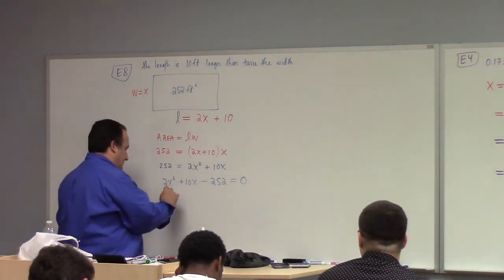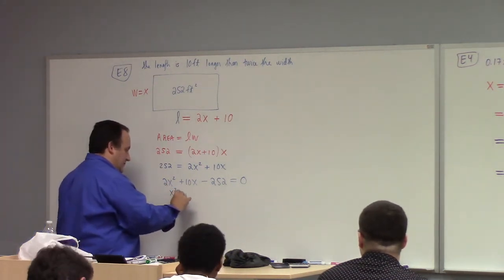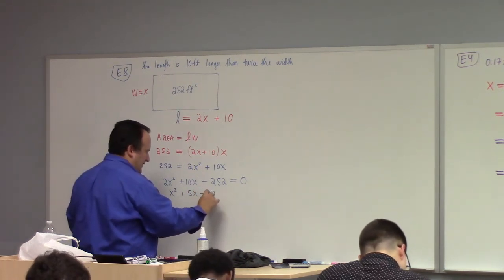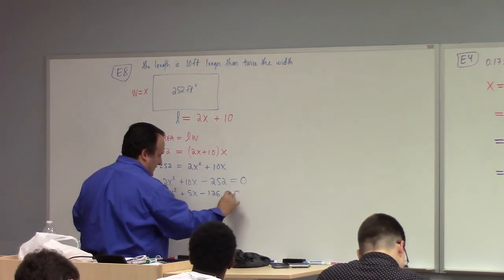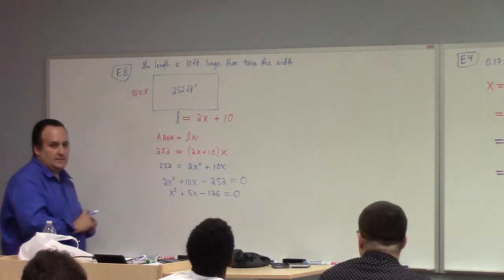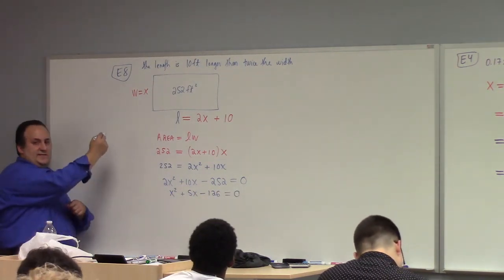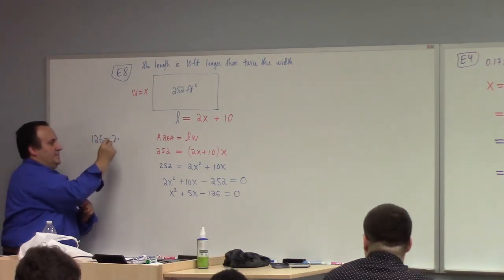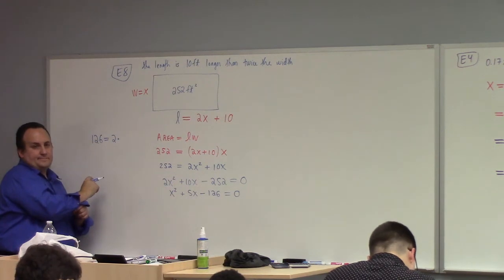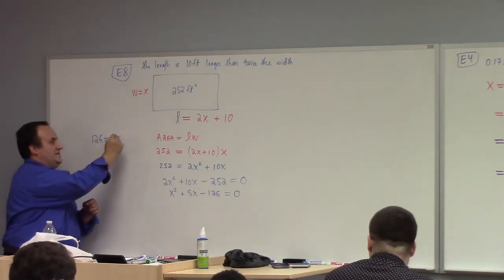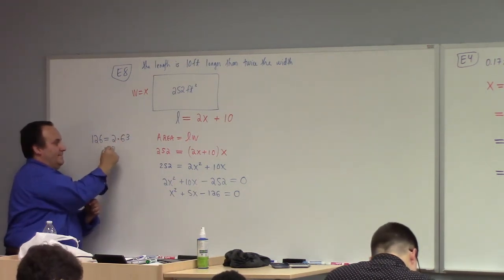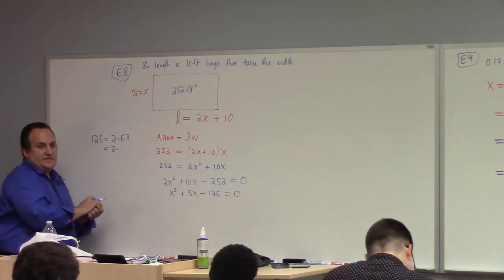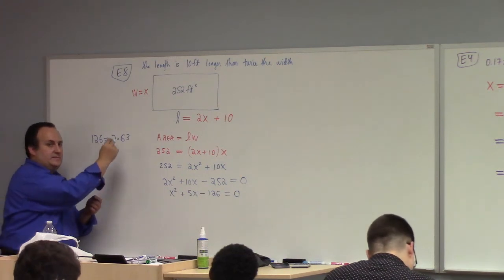We've got x squared plus 5x minus 126 equals 0, right? Let's take a look at 126. It's equal to 2 times what? 63. What's 63 equal to? Remember? 7 times 9, yeah?